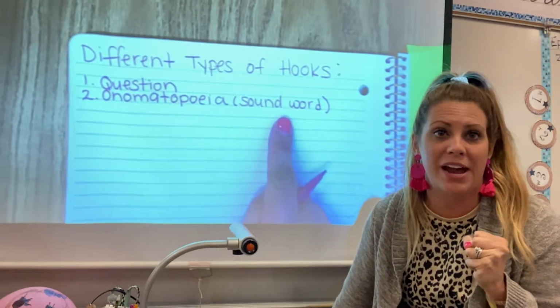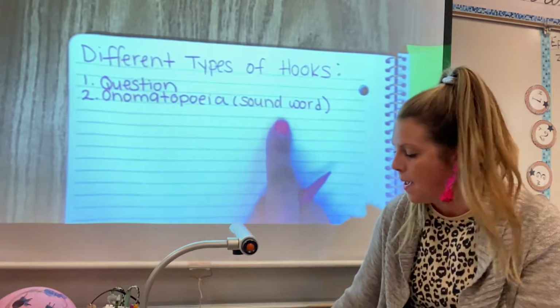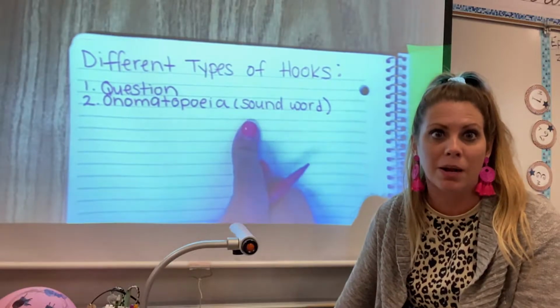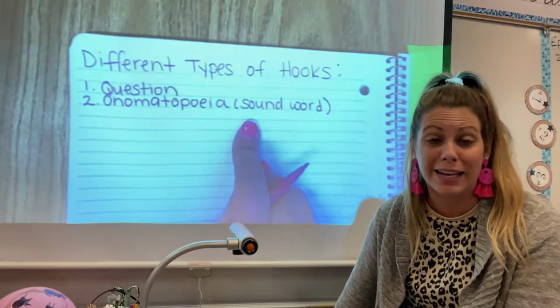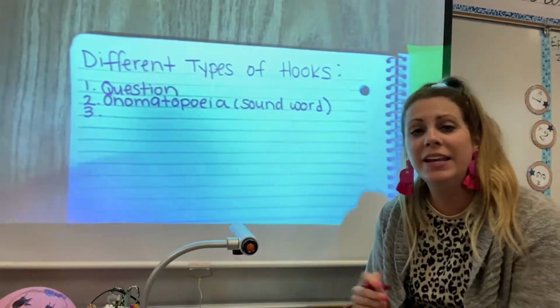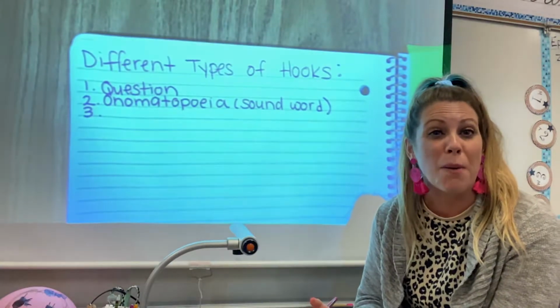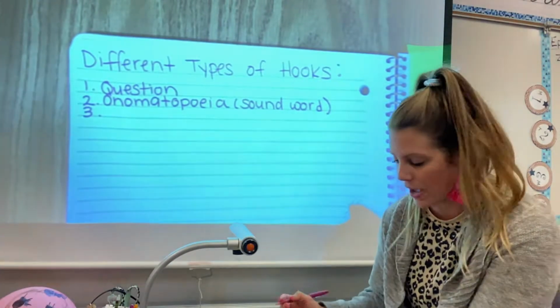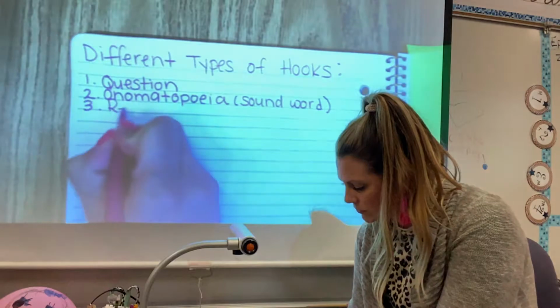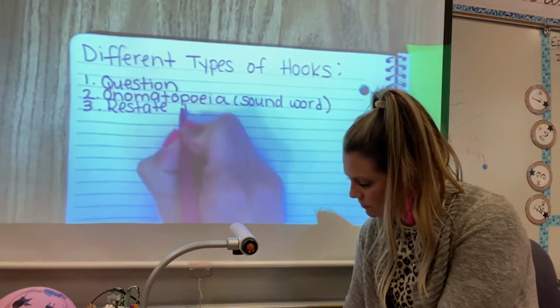I can think right now, Olivia and Owen love the Froggy books, and I can't think of the author's name, but he puts a lot of onomatopoeias in his writing, and we love that. So then, another hook that you can do is just restating the prompt or the topic that you're writing about. So you should be writing all this stuff down with me.